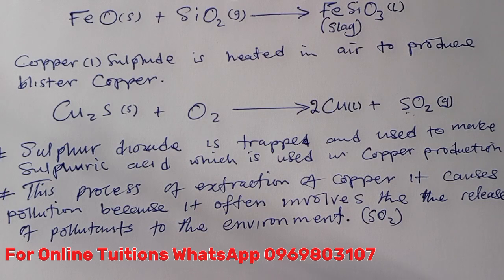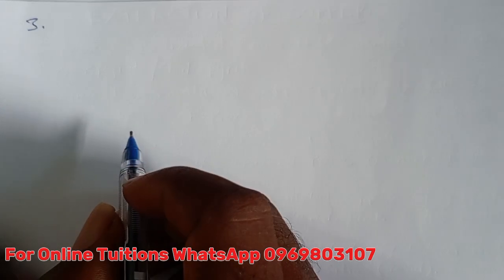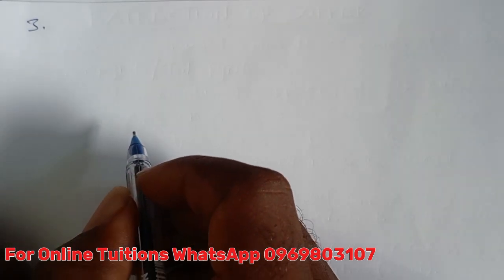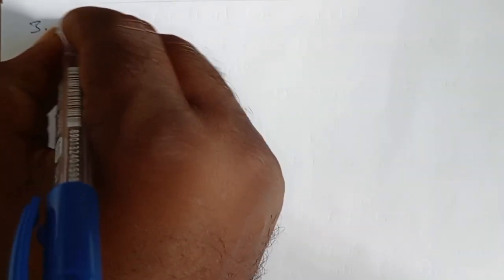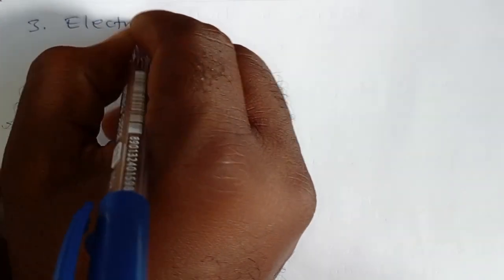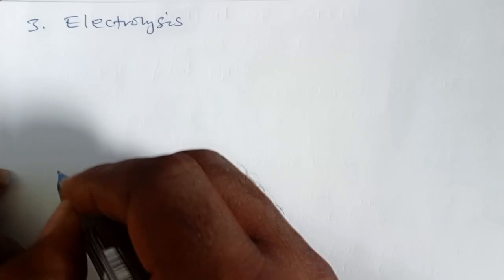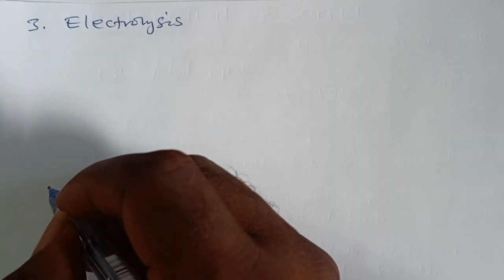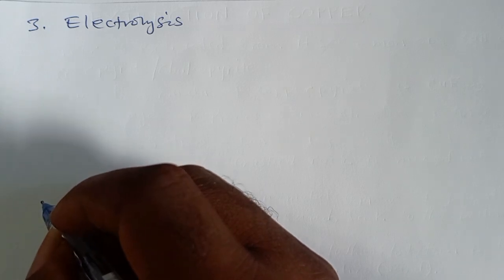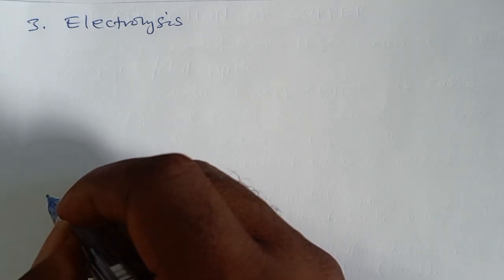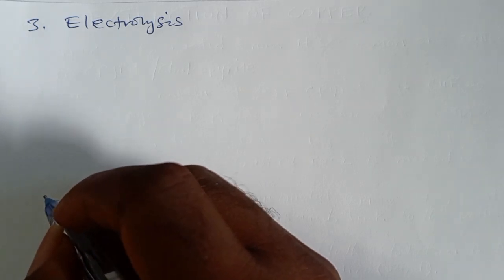So that is the reason why this extraction of copper causes pollution. So process 3, it is called electrolysis. Electrolysis is a method that is used to refine copper from its blister copper.